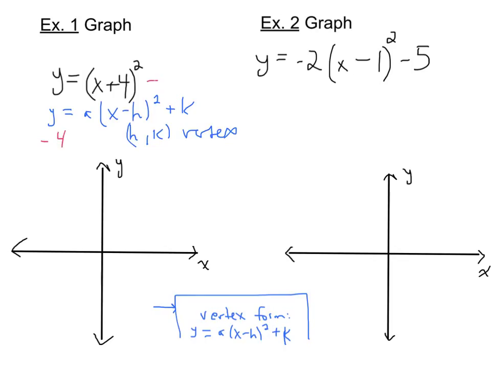And then there's nothing added here, so it's really like a plus 0. So that'll be negative 4 comma 0. So that's going to be our vertex. And you can use that strategy just like you did with the absolute value functions. So I'm just going to go over here, we'll call that negative 4. Clean it up a little bit. And that's my first point that I plotted.